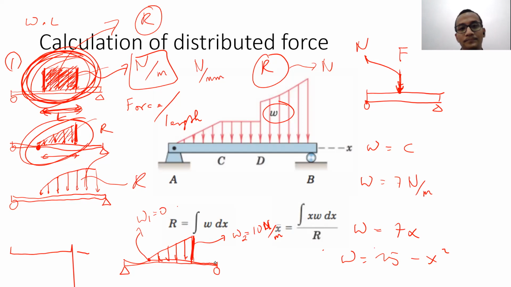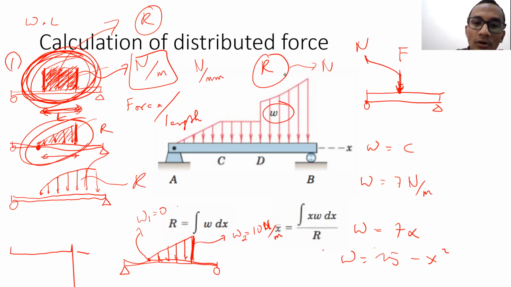So what if the distribution of the force coincides with other external force? Not necessarily. It can be. It may have a relation with that. It may not have a relation as well.